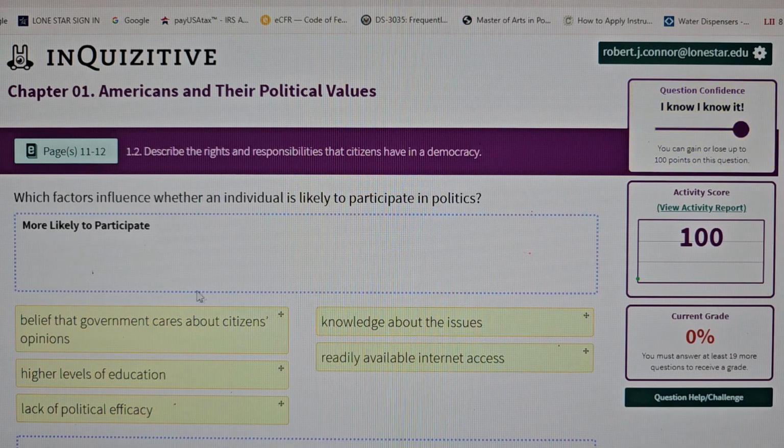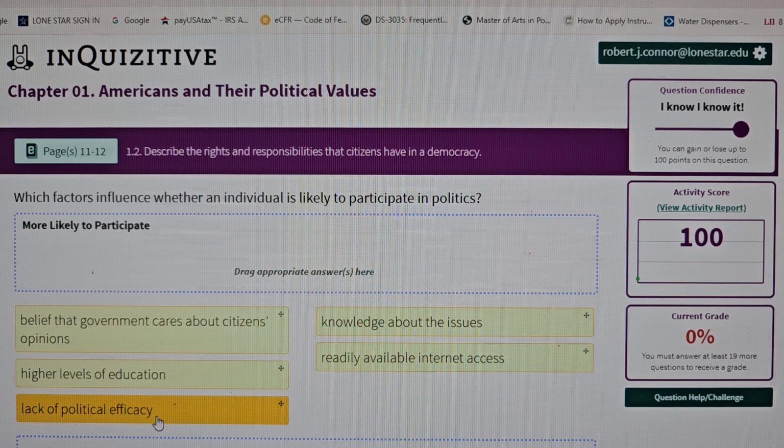Okay, then you say, which factors influence whether an individual is likely to participate in politics? Okay, belief that the government cares about citizens' opinions, higher levels of education, lack of political efficacy.